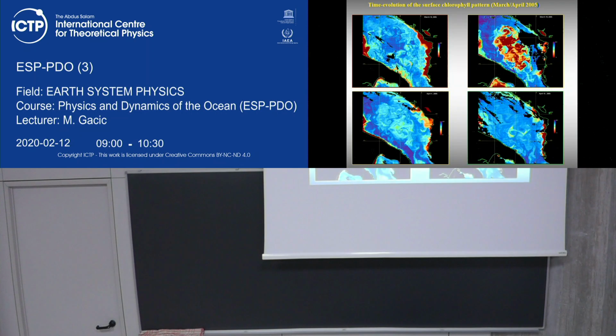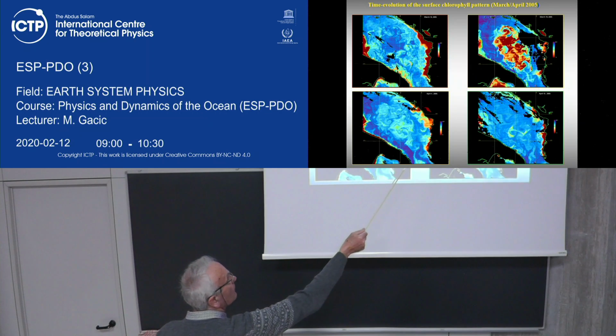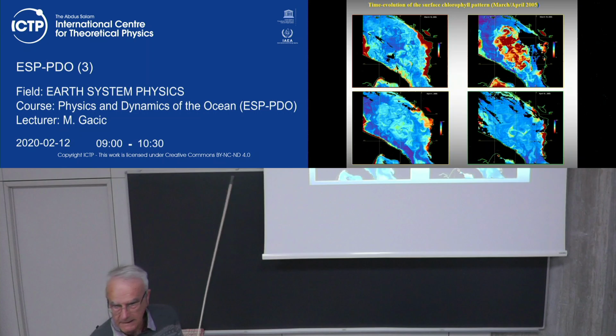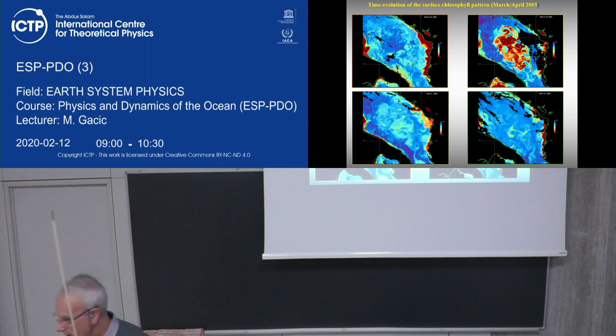And we have done the calculations of how much water is formed. Like we know in the Atlantic, the water which is formed there can be more or less equivalent to what is brought by the Gulf Stream, that order of magnitude.